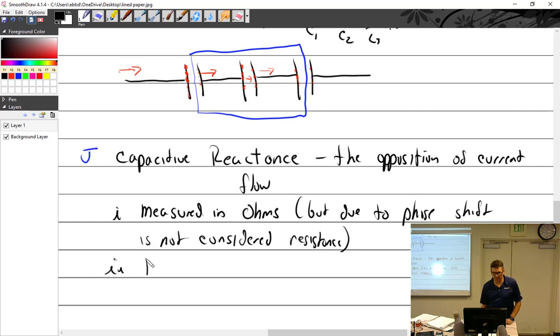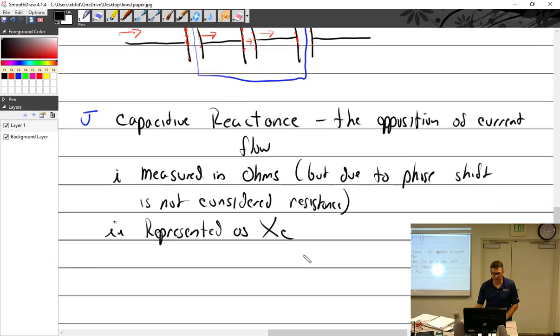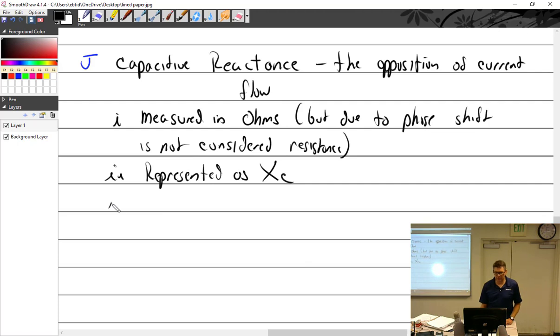Represented as X of C. So X of C, capacitive reactance, is inversely proportional to the capacitance and frequency.